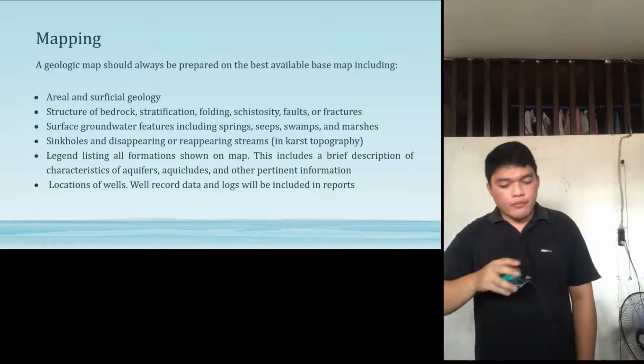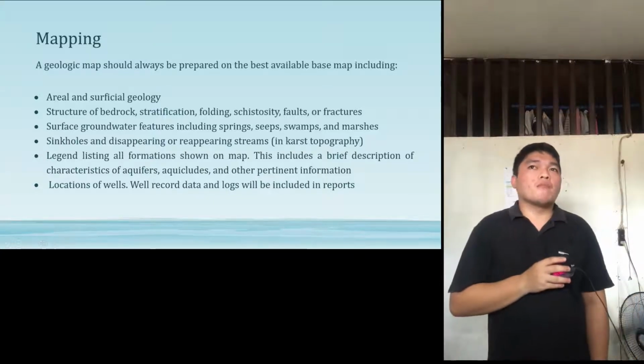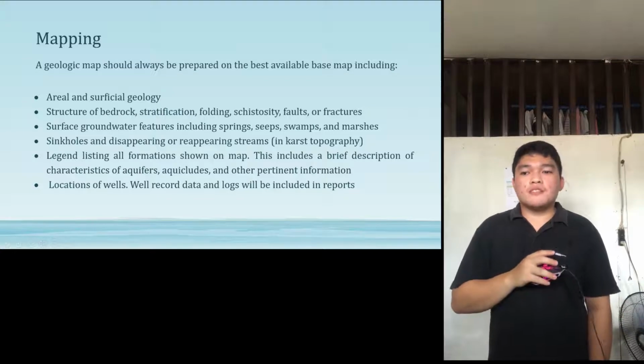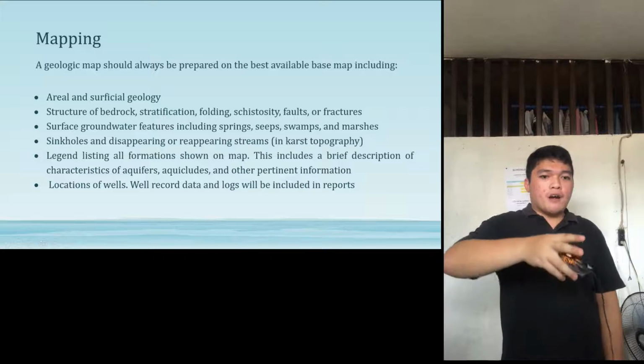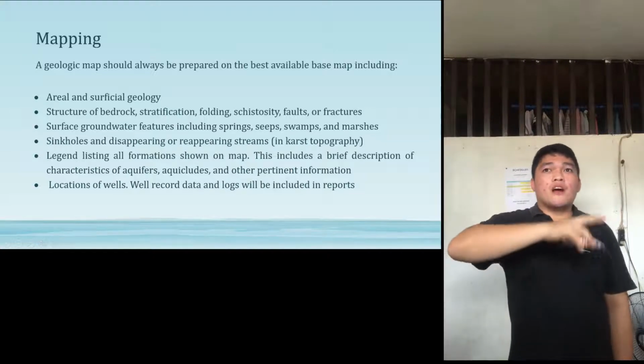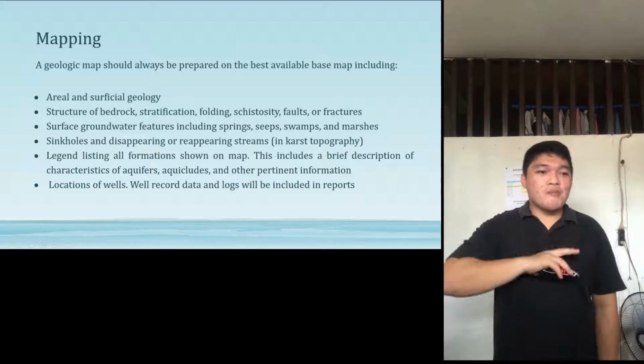So mapping, this is the way that we will store our newly gathered data from our investigation.